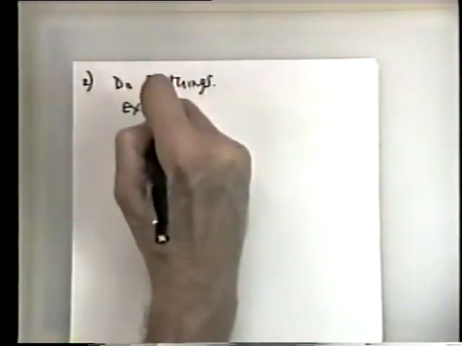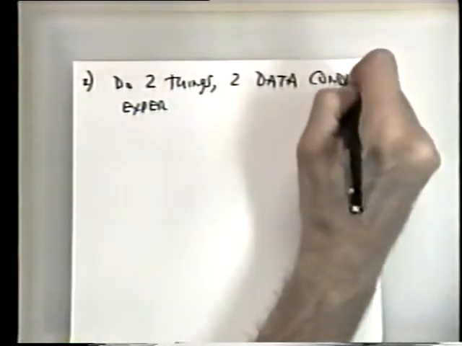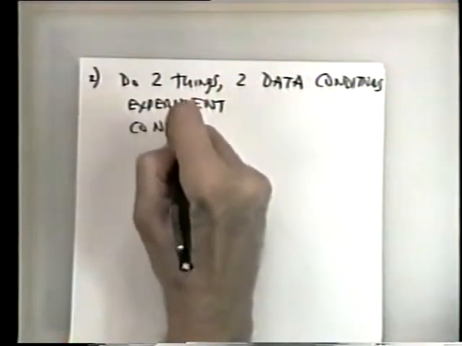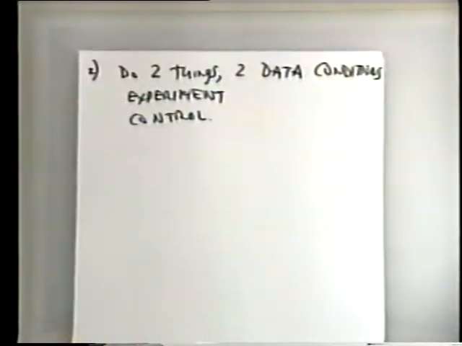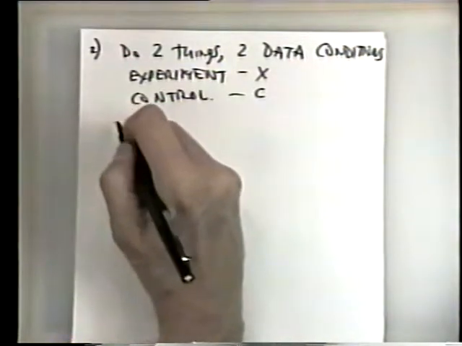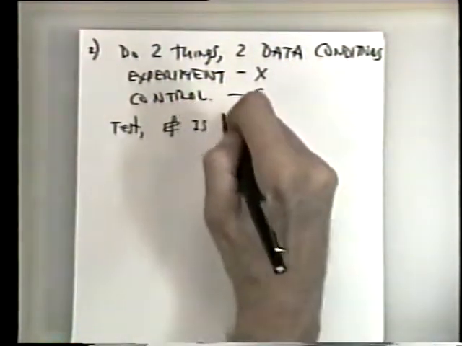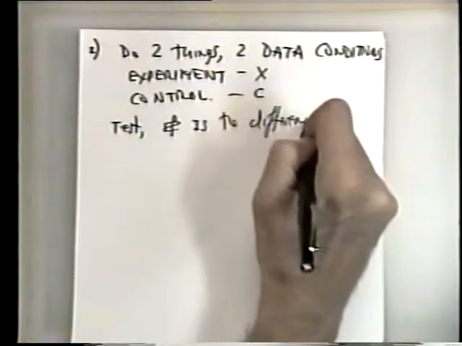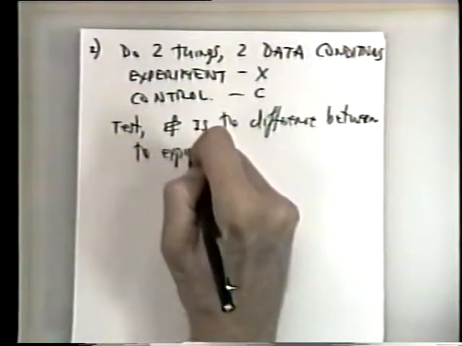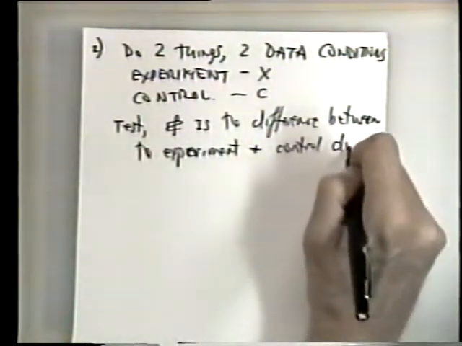We have two data sets, two data conditions: an experiment and a control, which I'll symbolize by X and C. What we're trying to tell is whether the difference between the experiment and control is due to chance.